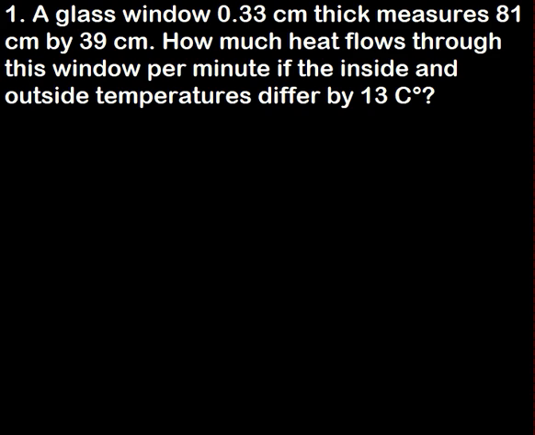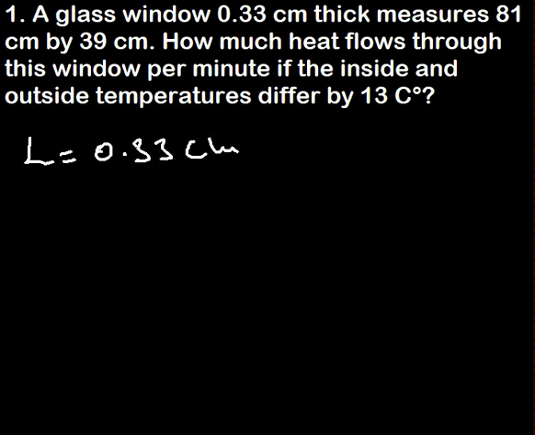A glass window 0.33 centimeter thick measures 81 centimeter by 39 centimeter. So as you can see here, we have the length of the glass in terms of the thickness. That is the thickness, 0.33 centimeter.